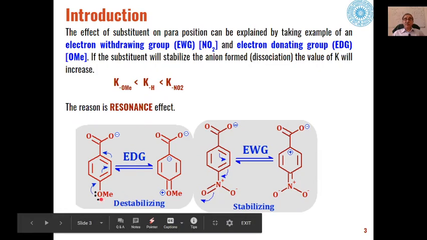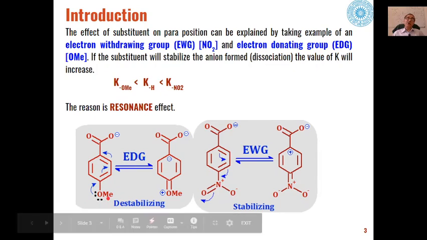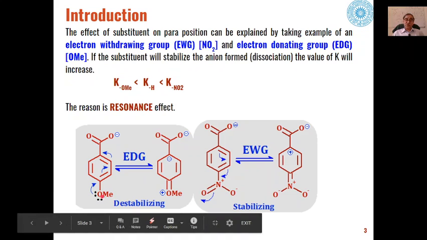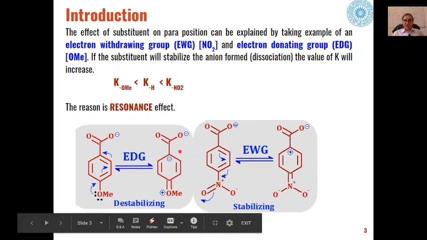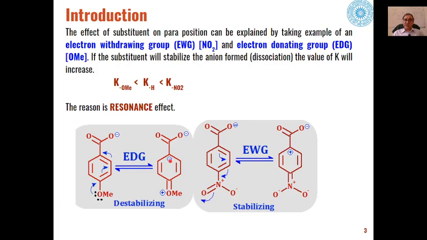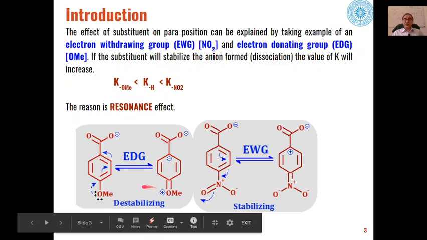For example, if methoxy is present at para position, and we know methoxy is an electron donating group, this will resonate through this ring in this way that this carbon will have a negative charge, and here also there is a negative charge, and same charge on these two positions destabilizes the resonating structure. So that is why the value of log K will be affected, because this has destabilized the system.